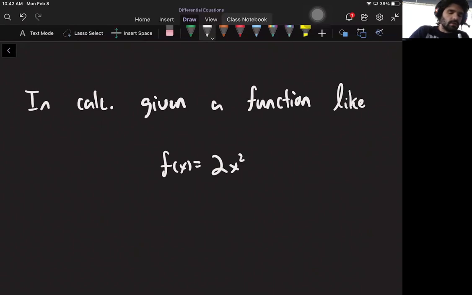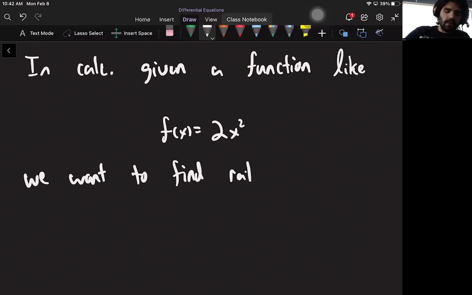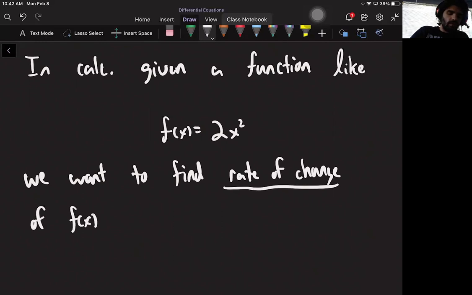Given a function like this, the whole point of that class is that you want to find the rate of change of the function. But since you could call it y equals 2x squared, you might say the rate of change of y.